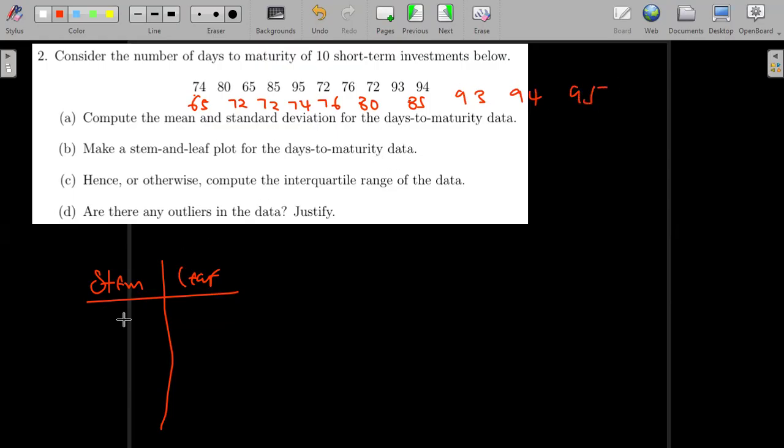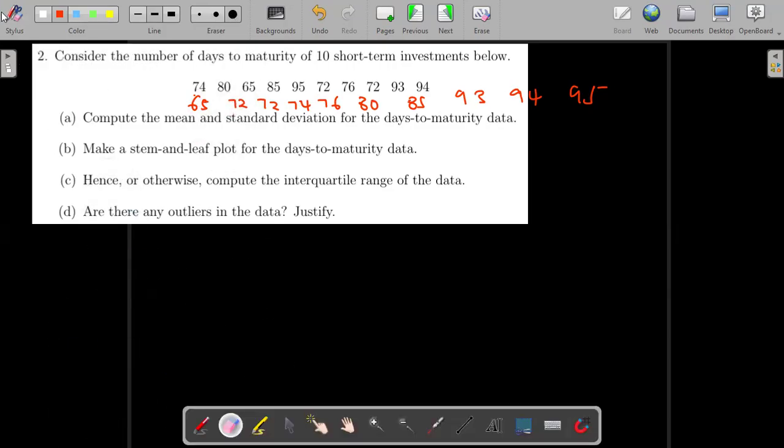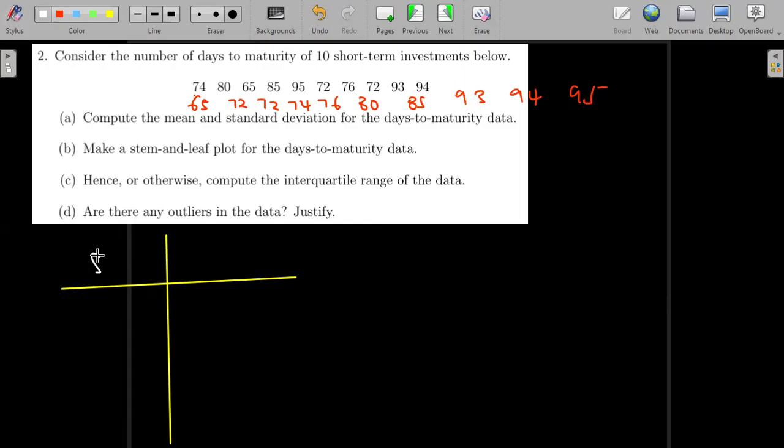Okay, so now I can put it in a stem and leaf plot. But let me draw it a bit nicer. So we have this, like that. Okay, nice. So we are saying this is the stem and then this is the leaf. Okay, so the leaf is always one digit.